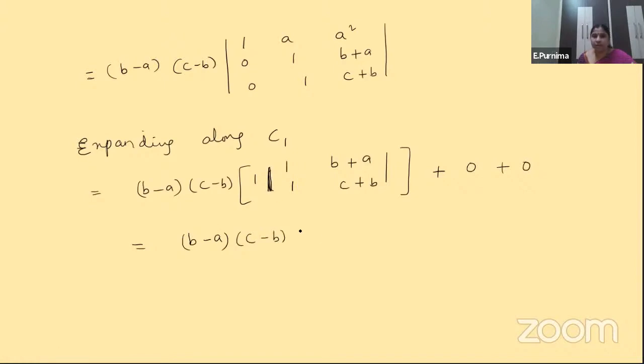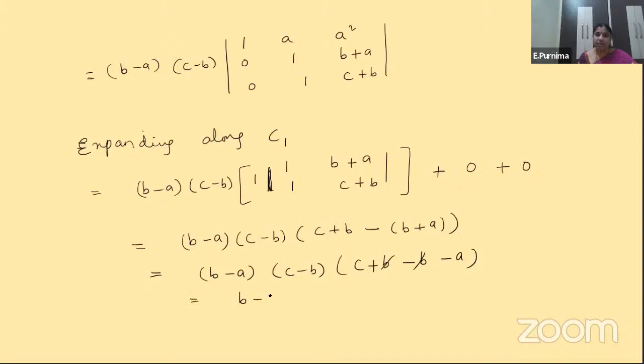So it is 1 into, let us find the determinant. 1 into C plus B is C plus B, minus 1 into B plus A, so minus of B plus A. Which is equal to B minus A into C minus B into C plus B minus B minus A. Plus B minus B is cancelled. So what is there?